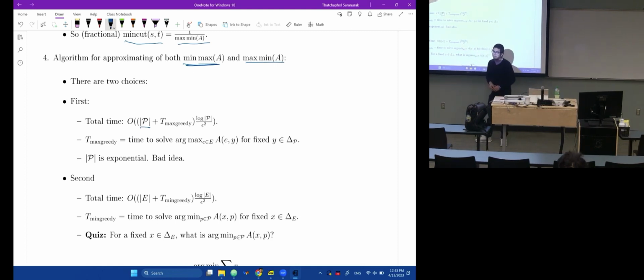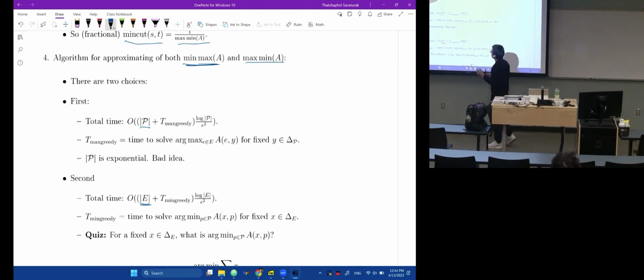Instead, we have another way. If max greedy is not good, let's try the min greedy algorithm. When the min player is the greedy one, the max player is the weight update one. So the max player is the edge player that needs to update the weight on every row, which is every edge.